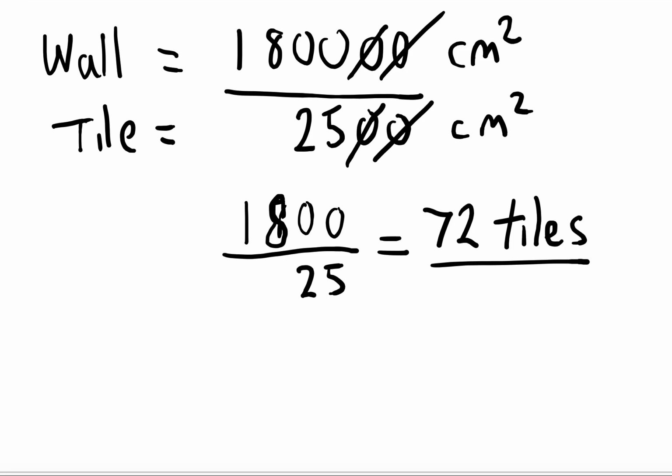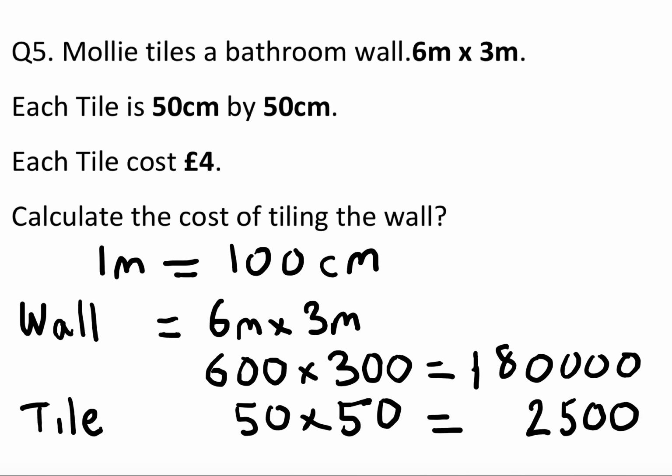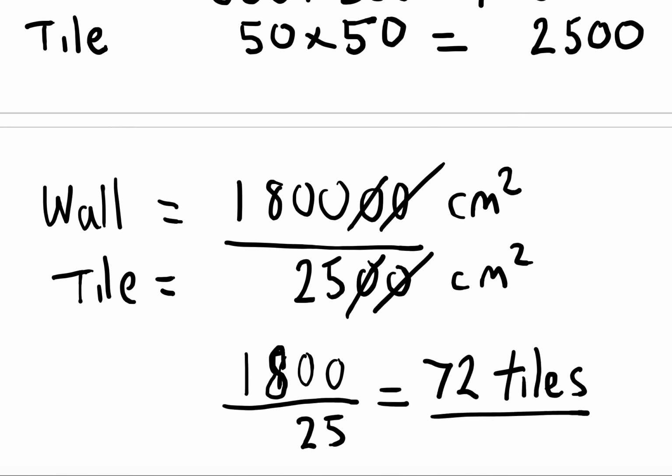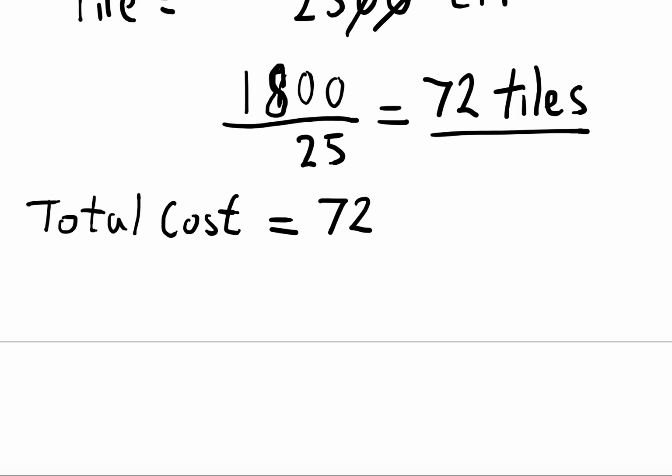But that's not what we're looking for. We want the cost. We know, and if we just scroll back up, the cost of each tile was £4. So the total cost equals 72 times 4.